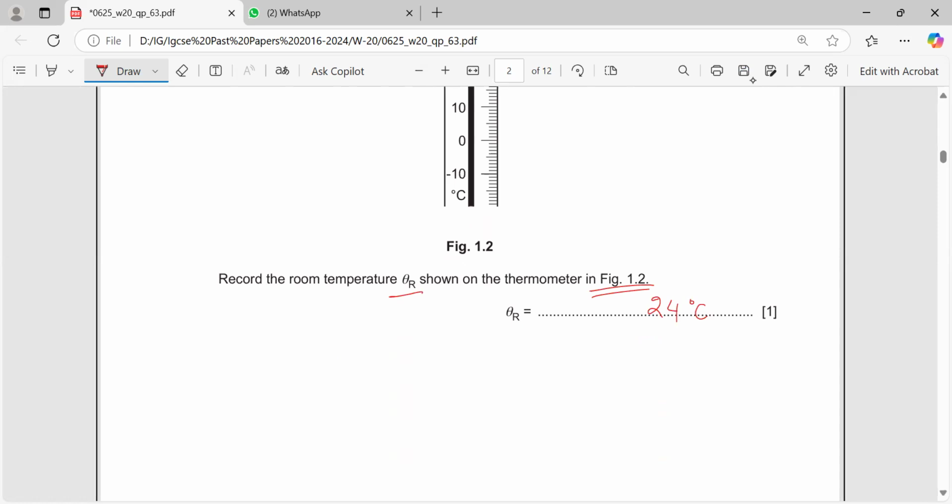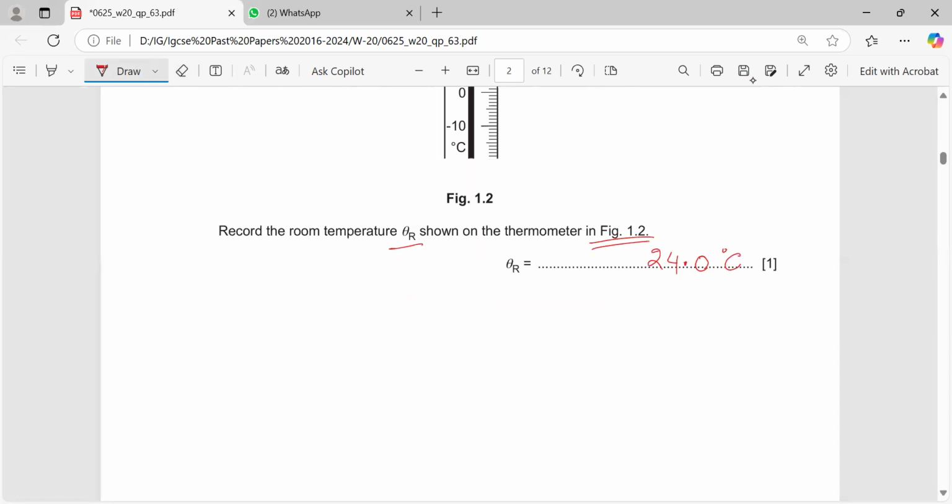So that is the temperature of the room, or simply the room temperature. Even it will be recommended if you write 24.0 degrees Celsius. That will also be workable.